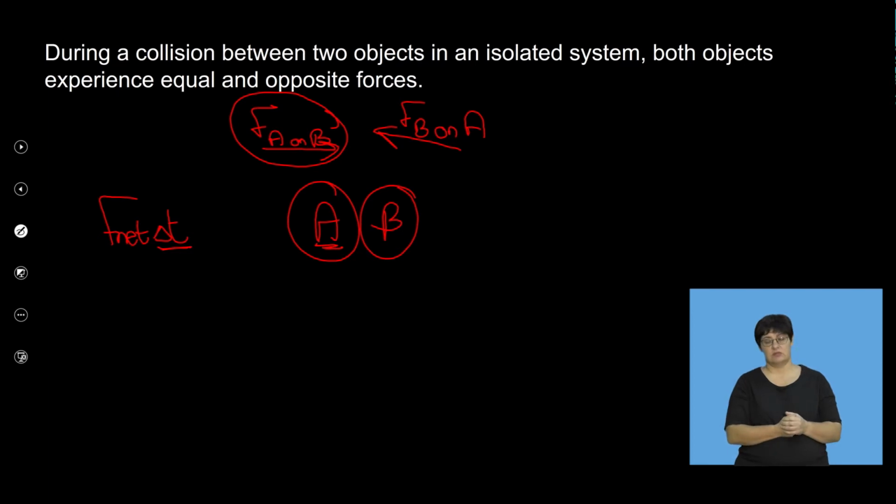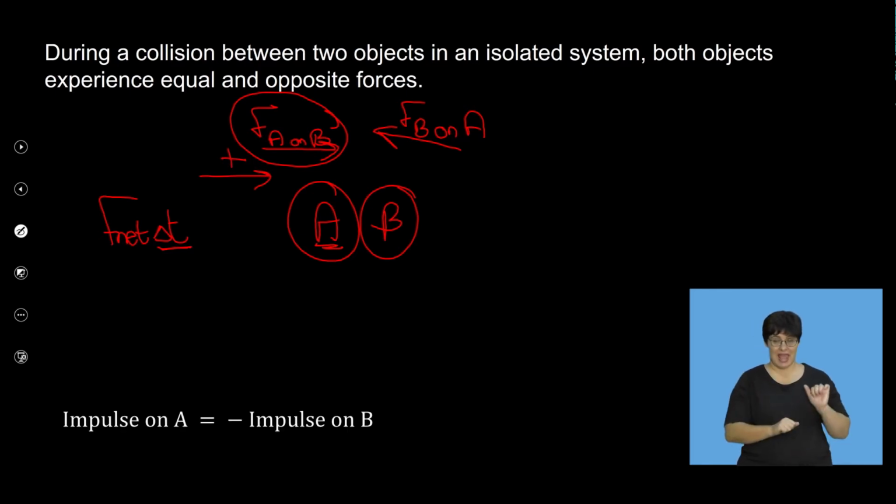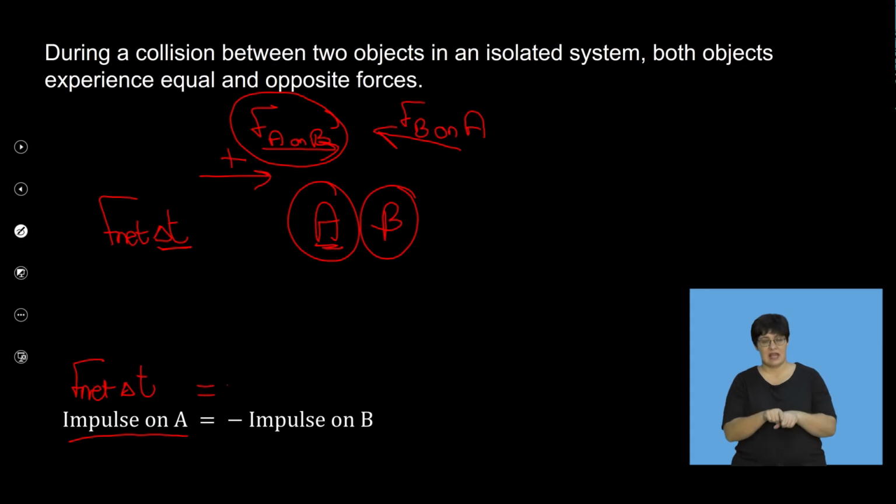So if I make A's direction positive, that means my impulse on A is the negative of the impulse on B. All this means is F net delta T for A is the negative of F net delta T for B. The only thing that's different is direction.